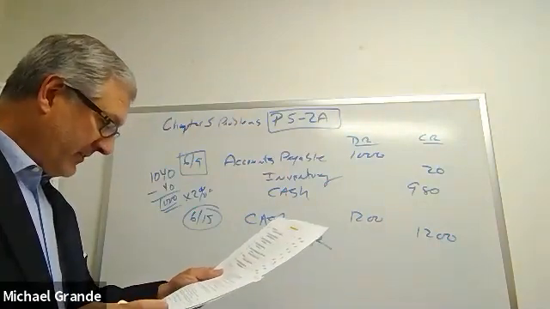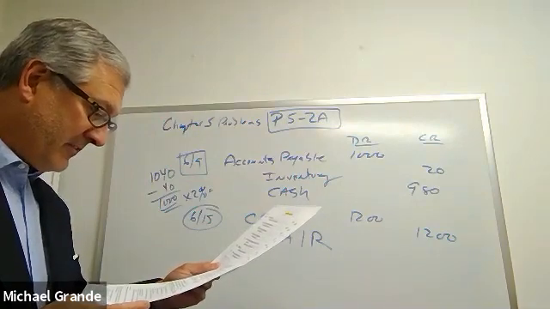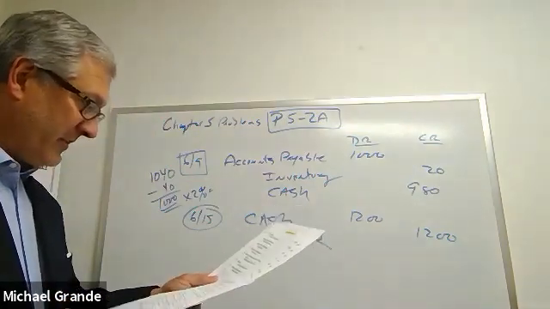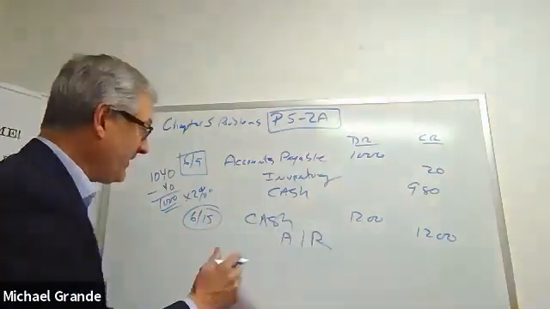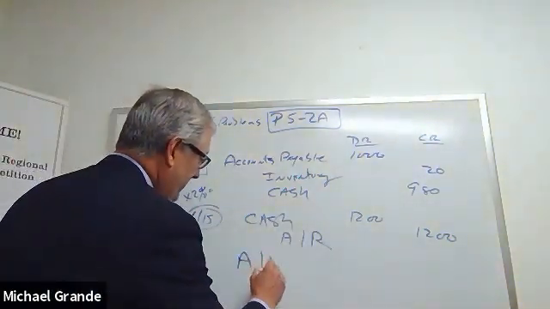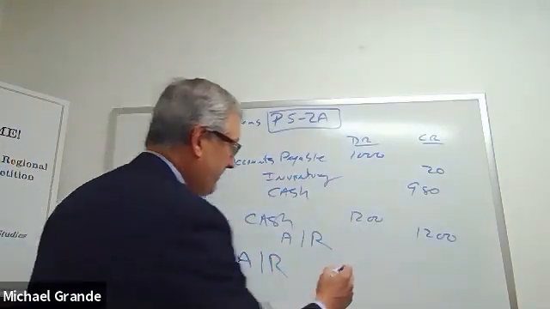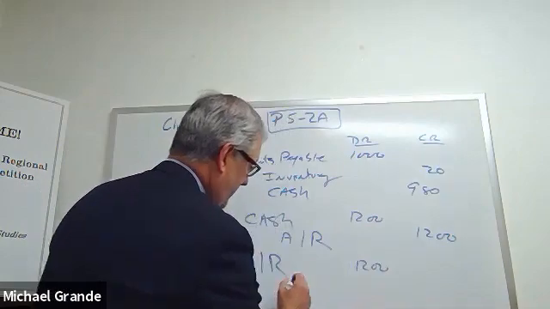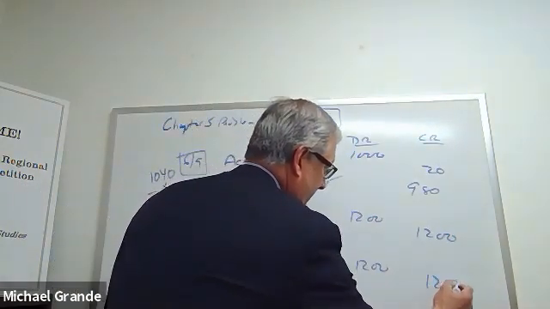Go to the 17th. Sold books on account to Bell Tower for $1,200. The total cost of the merchandise was $730. So again, we need to record the sale and the cost of the sale. Debit accounts receivable, A/R, for the $1,200. Credit sales revenue, $1,200.